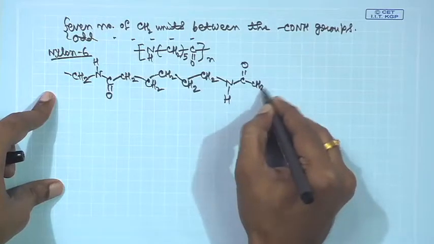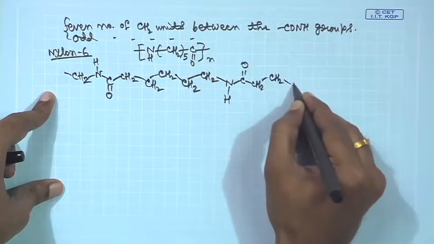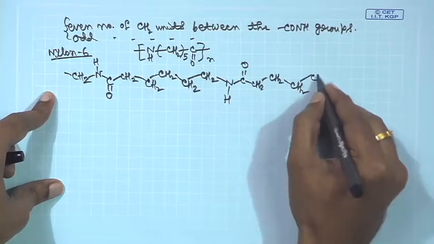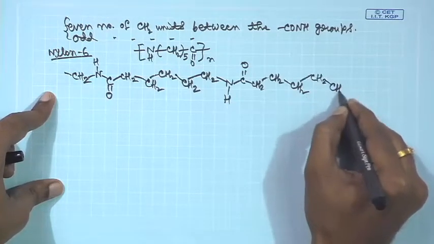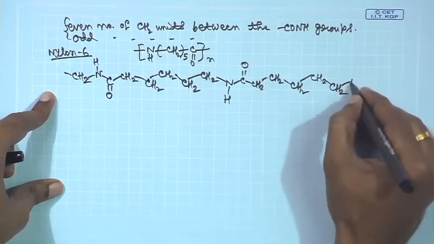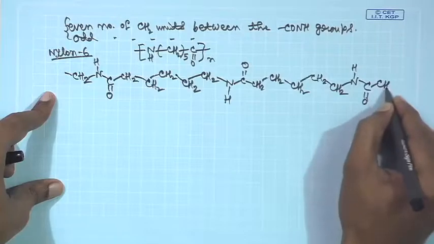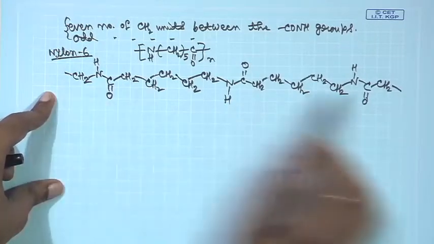So, it will be CH2, CH2, CH2, CH2, CH2, 5 CH2 units, and then again you have NH, CO, CH2. So, this is one chain.